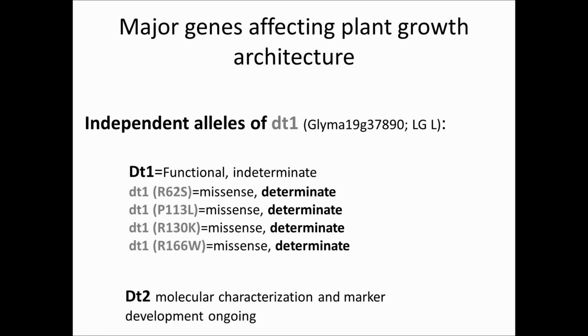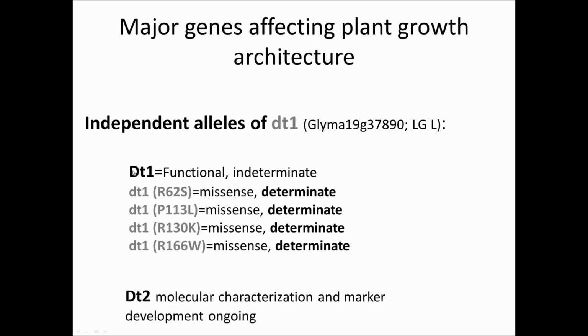So the major genes affecting plant growth architecture are the indeterminate and determinate genes. There are independent alleles of the determinate version, DT1 lowercase, which is located on chromosome 19, linkage group L, actually near the E3 gene.